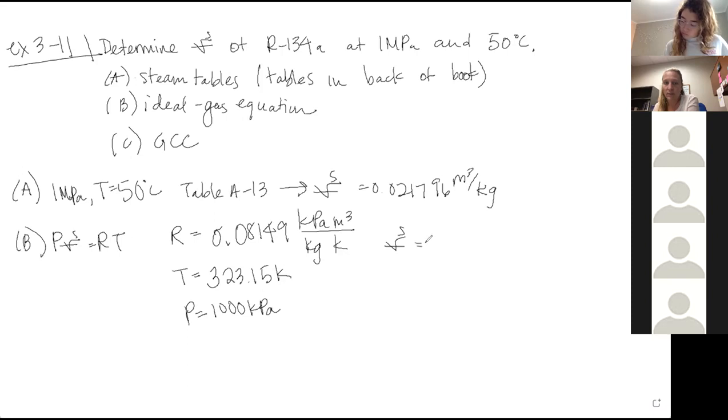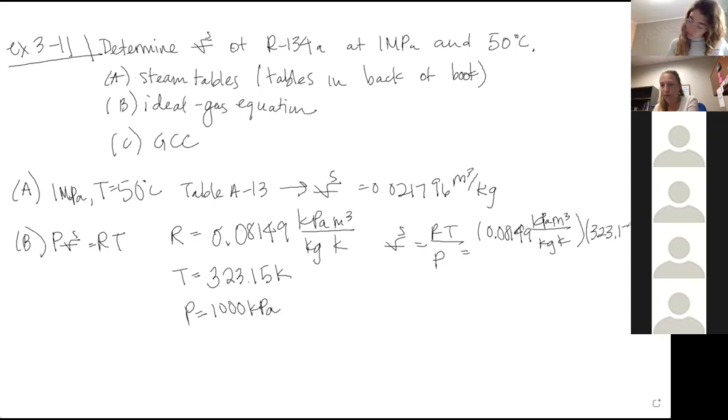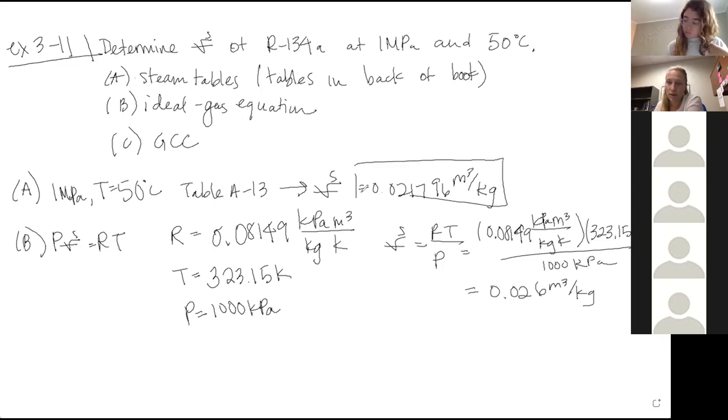Our specific volume is equal to RT over P, which is 0.08149 kilopascal cubic meter per kilogram Kelvin, times temperature 323.15 Kelvin, over pressure, which is 1000 kilopascal. And we get 0.026 cubic meter per kilogram for part B. This is part A. This is part B.